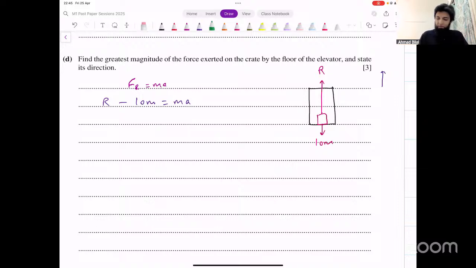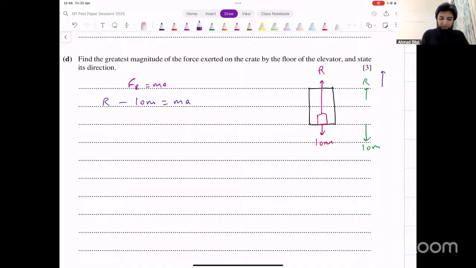When the lift is decelerating, the downward force, that is 10m, would be bigger and R would be smaller. Then the value of acceleration would be negative.